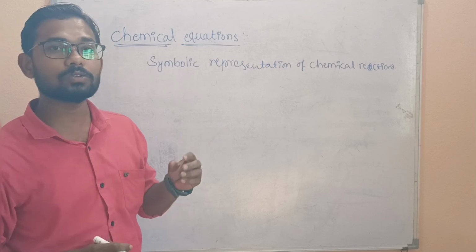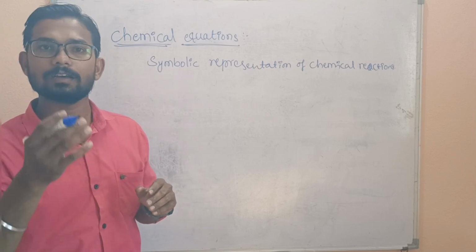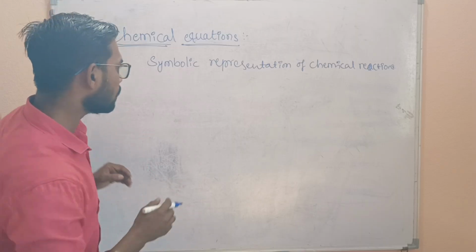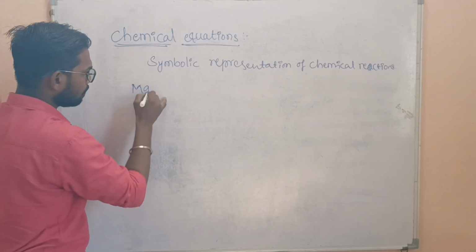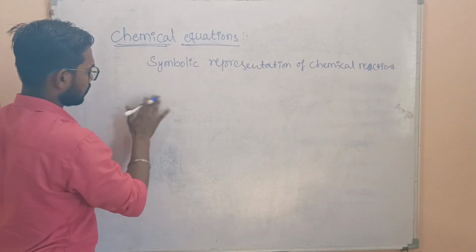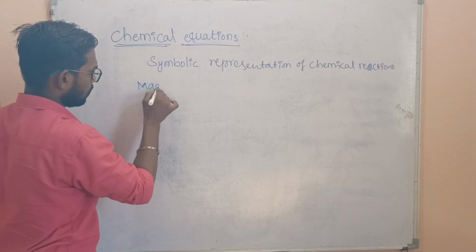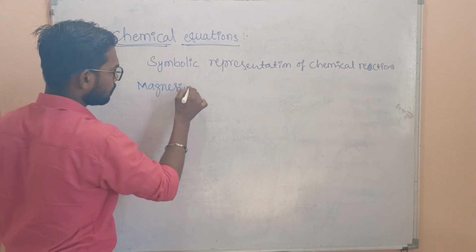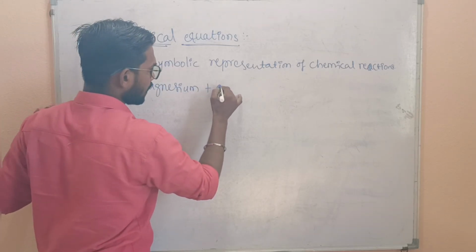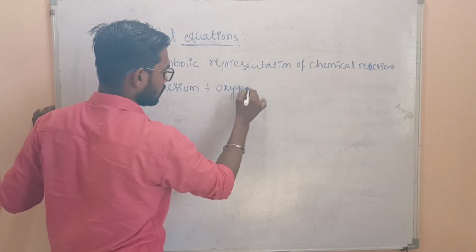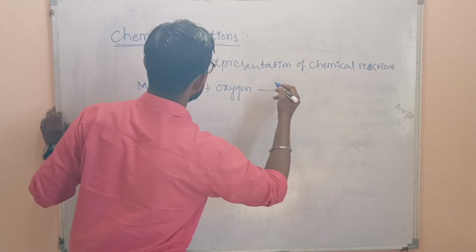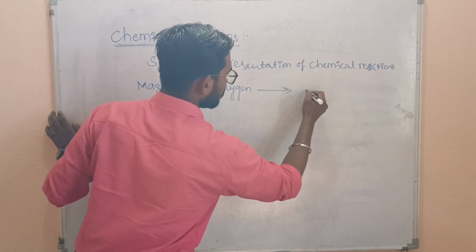For that we have to use a short form, so we can write that reaction in word form, like magnesium is going to react with oxygen. This is an example of a chemical equation.